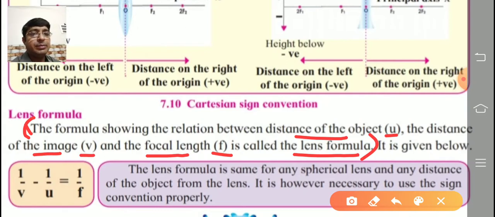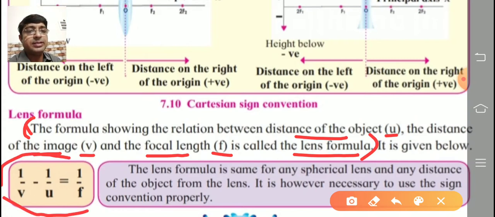Now it is given below. So in this box, that formula is given here. 1 upon v minus 1 upon u is equal to 1 upon f. v means image distance, u means object distance, the distance of the object, and small f means nothing but the focal length.